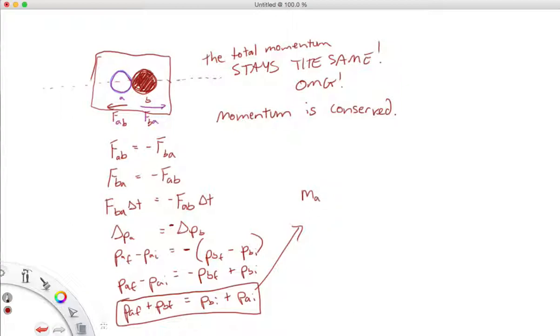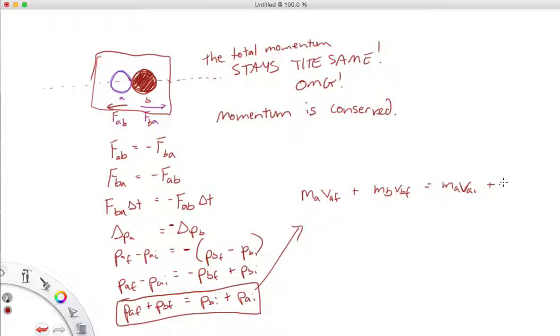It's going to be the momentum right here. Let's put it in m and v form. So the total final momentum equals the mass of A times the final velocity of A, plus the mass of B times the final velocity of B. Now that equals the mass of A times the initial velocity of A. This is weird, but oftentimes the text writes the initial velocity as u.